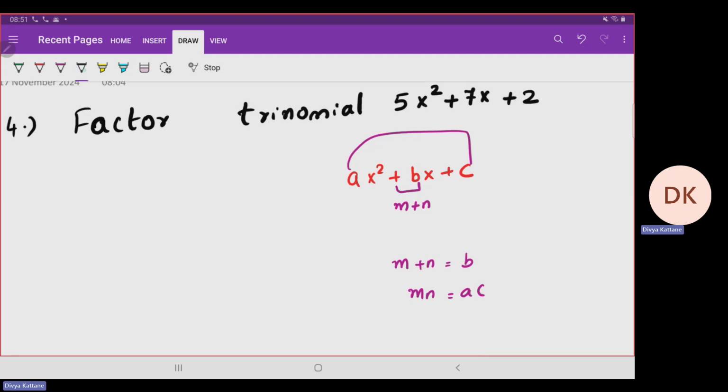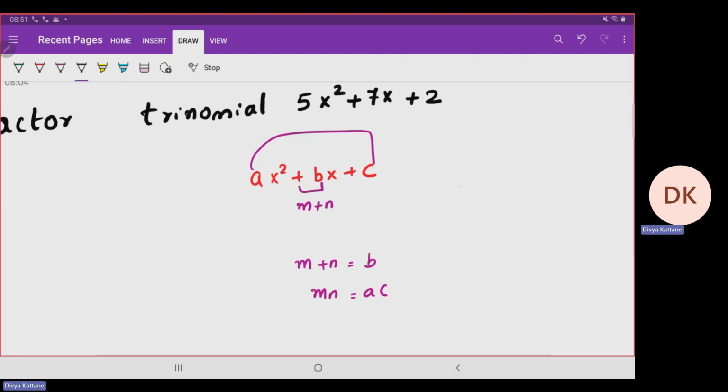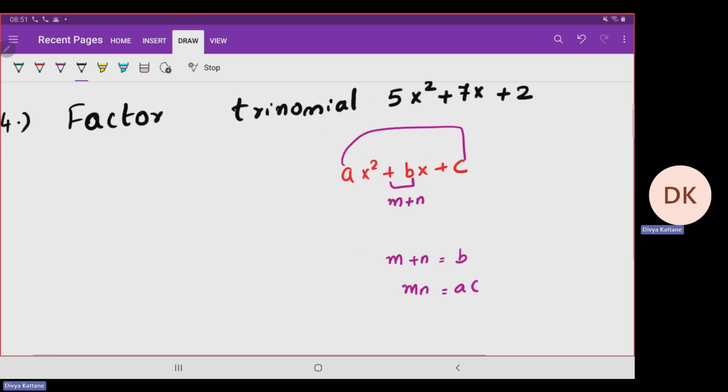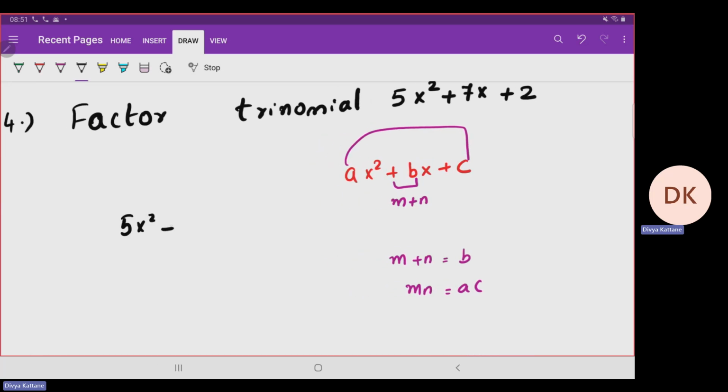From our problem, 5x² + 7x + 2, this is our problem. So here we need to find two numbers m and n such that m + n equals 7 and mn equals a times c.